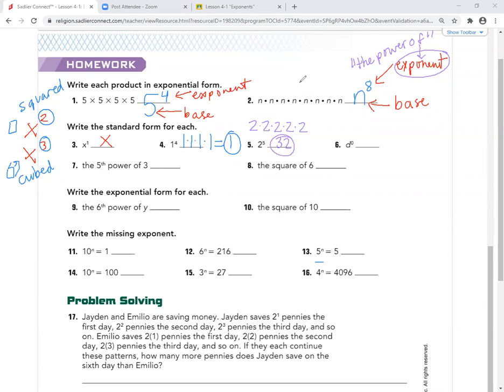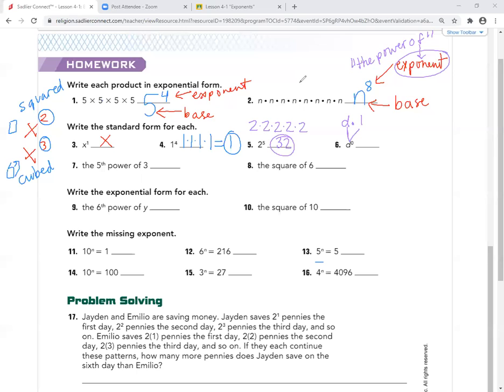What is the remaining factor that you need to make the identity property true? What is the number that goes with every single factor? D times what makes it just D? D times what? 1. Yeah.